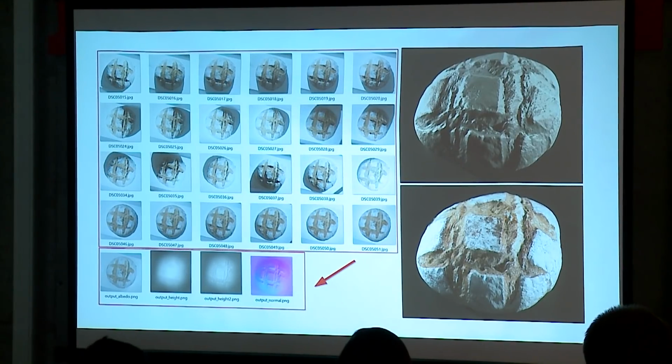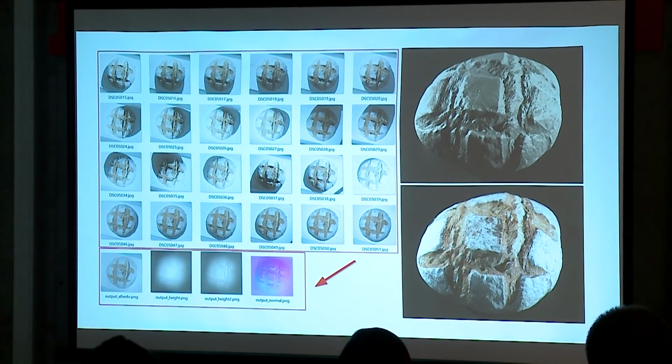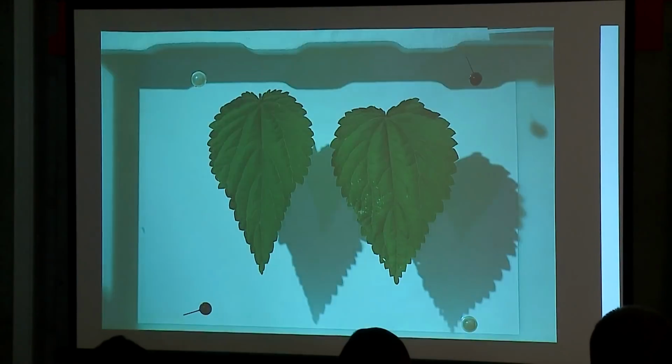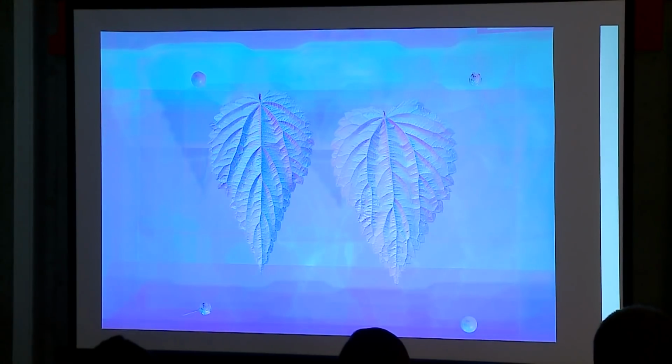The way it works is that we take a number of photographs from different angles of our subject, and there is a light calibration for the position of the light. We use this data to generate those maps. This is how it looks.